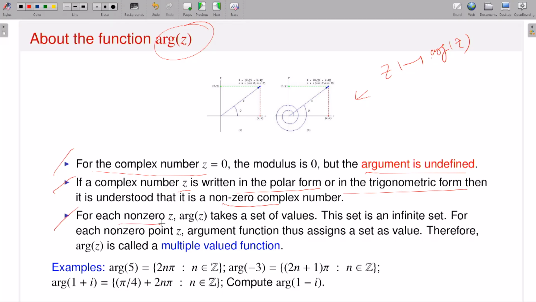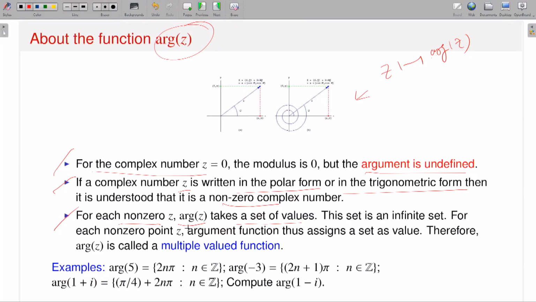For each non-zero z, small arg of z takes set values. It will have one argument theta, and if I perturb by 2k pi, it will again give the same complex number. So given a complex number z, small arg of z is a set of values. This set is an infinite set.